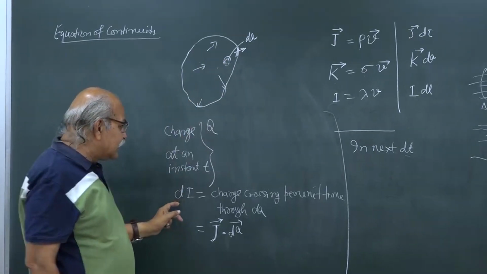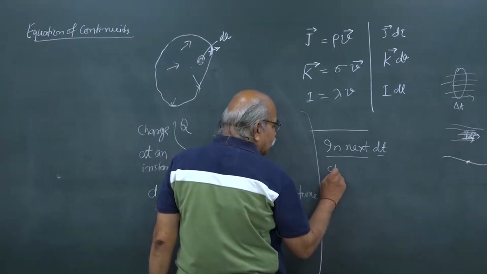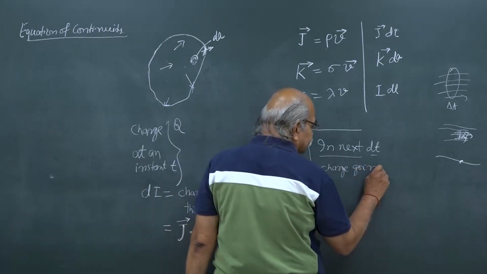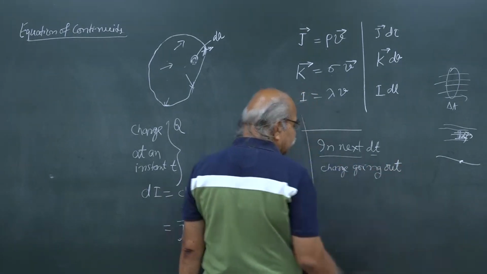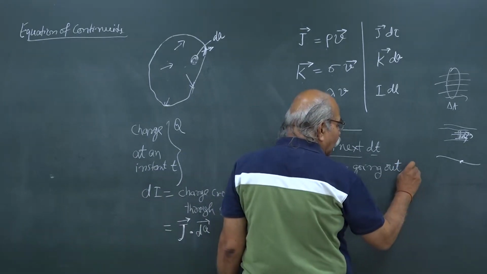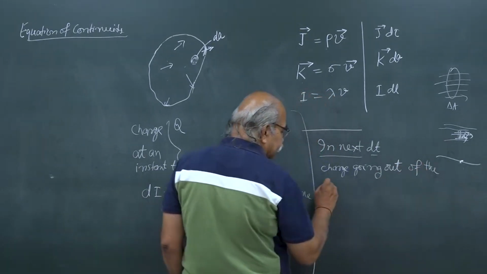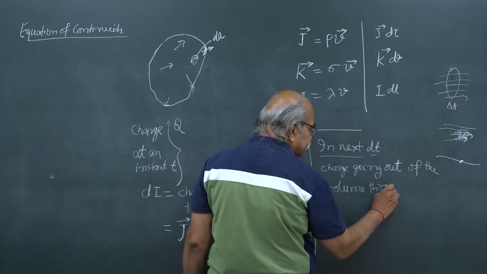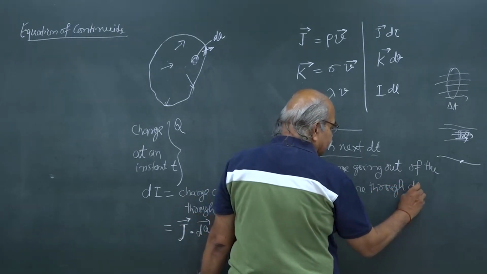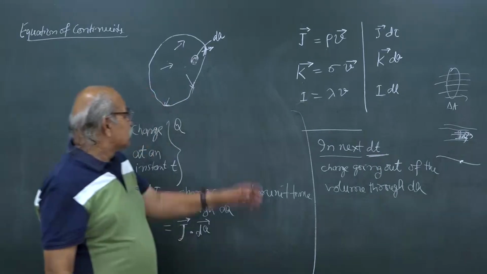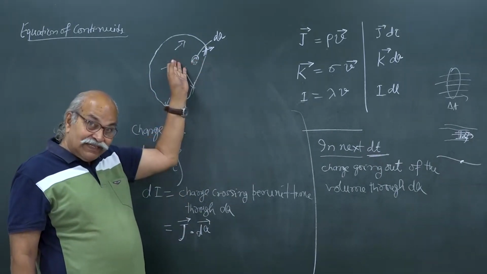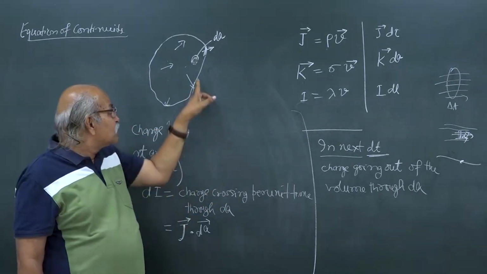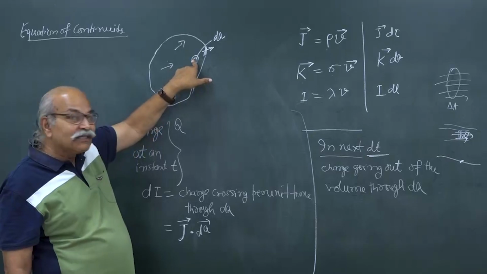Since this is current, the charge going out of the volume through dA in time dt, the charge going from inside the volume to outside, that much charge has gone out of this volume through this area dA.